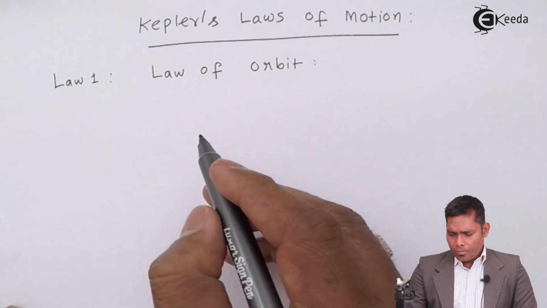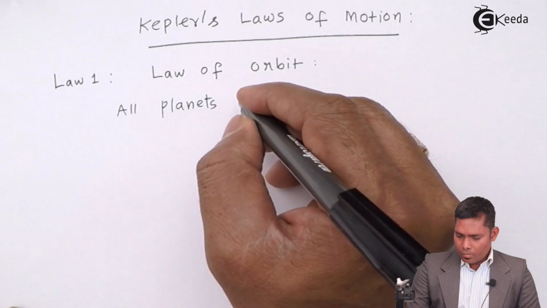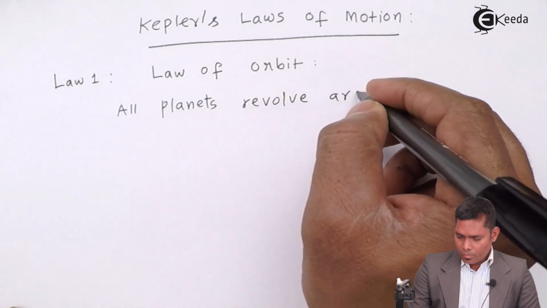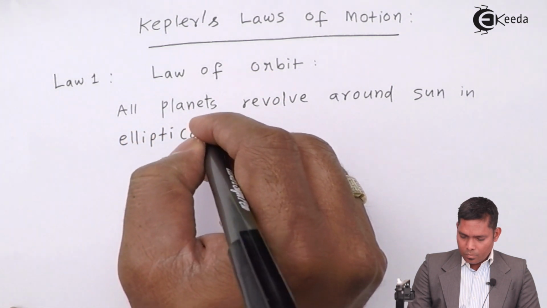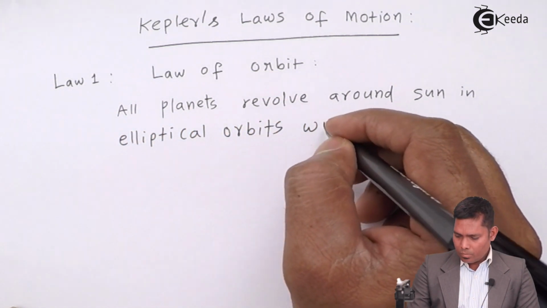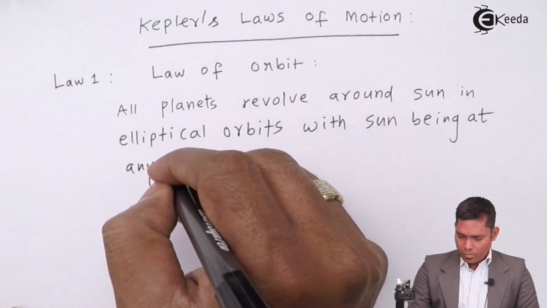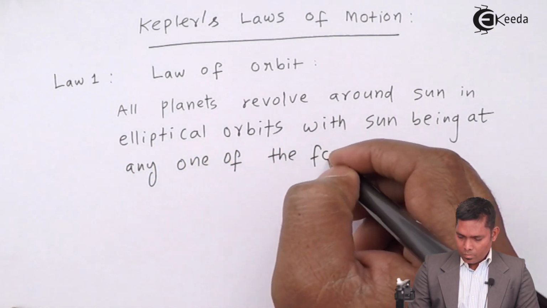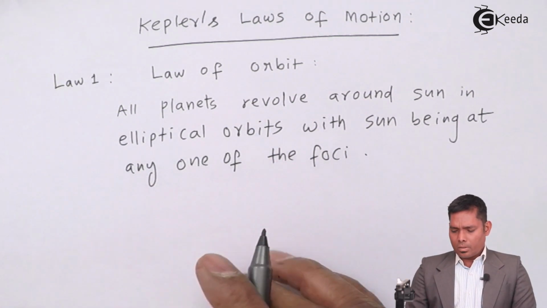That means the Sun has to be at any one of the foci.